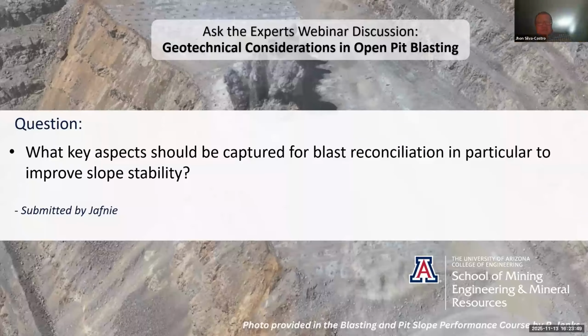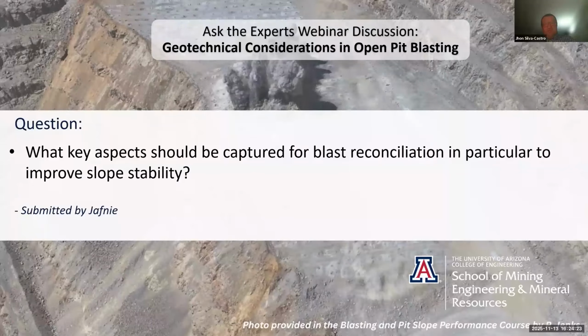Yeah, now with all the technology we have, the radars, we can check if the geometry definitely followed the design. The vibration, we need to capture vibration to make sure that we are not pushing a lot of energy to the slope. In most big open pit mines, you have radar movement, control the velocity of the displacements.